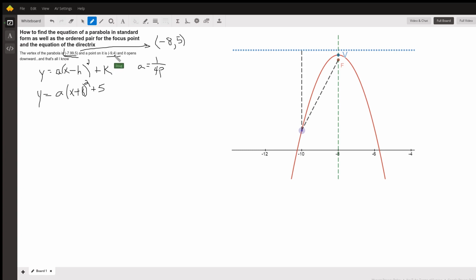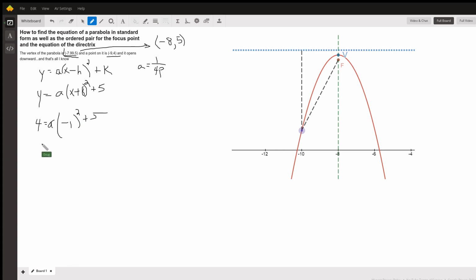So when x is -9, y is 4. So we'll put a 4 here. We'll put a -9 in for this x. -9 plus 8 is -1. -1 squared is, of course, 1.